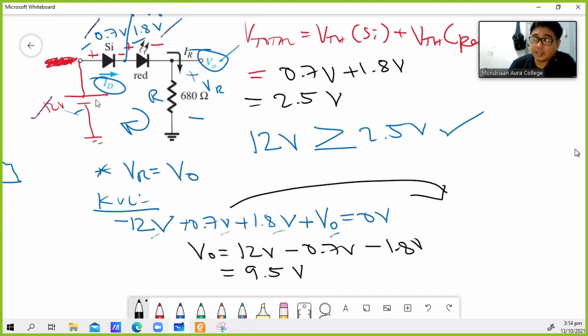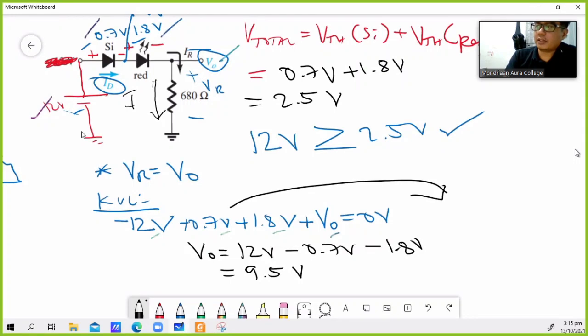How about I sub D? As you notice, yung ating circuit ay naka-series. So naka-series yung silicon dun sa LED, naka-series din sila dun sa resistor. So kung anong kuryenteng dumaraan kay silicon, it's the same current na dumaraan kay LED, it's the same current na dumadaan kay resistor. Okay? So in order for us to solve for I sub D, we can solve for I sub R. Yung I sub R natin, which is this one, ay dumadaloy from top to bottom.